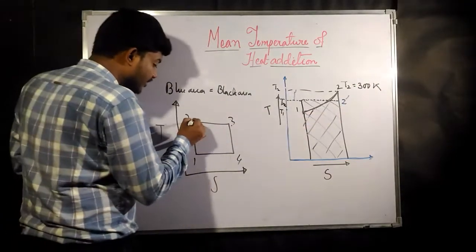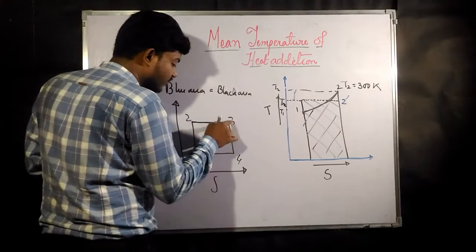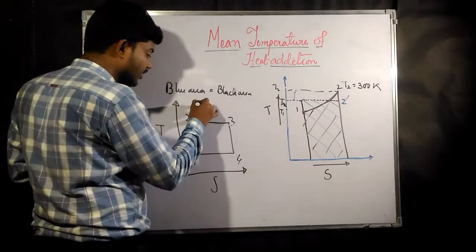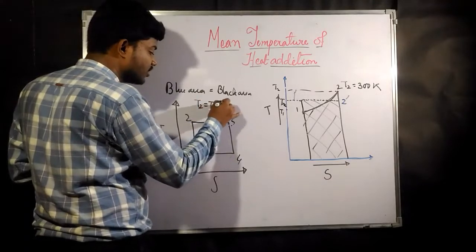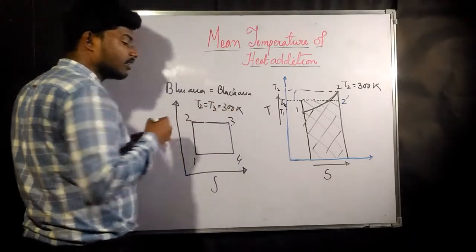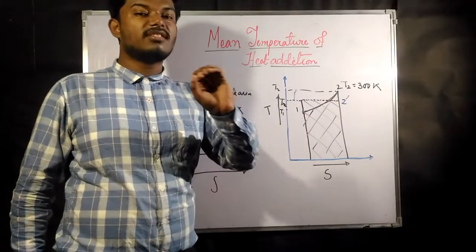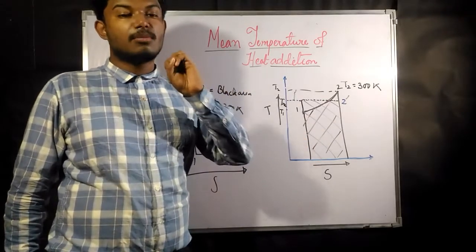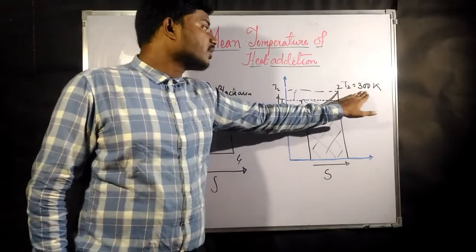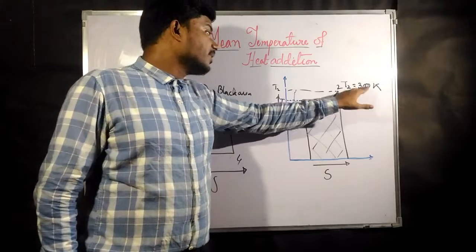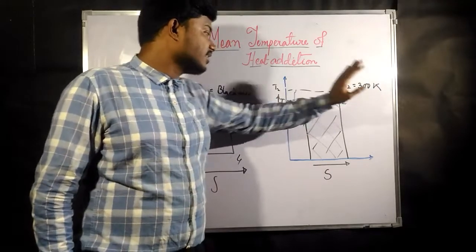If you run through a Carnot cycle, here also you are going to take T2 equals T3 equals 300 Kelvin, since the maximum temperature is fixed and the process does not matter. Whatever process you want to take is up to you. Maximum temperature for any other cycle is 300 Kelvin.